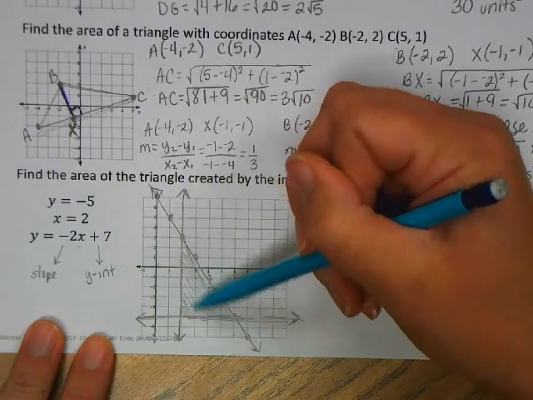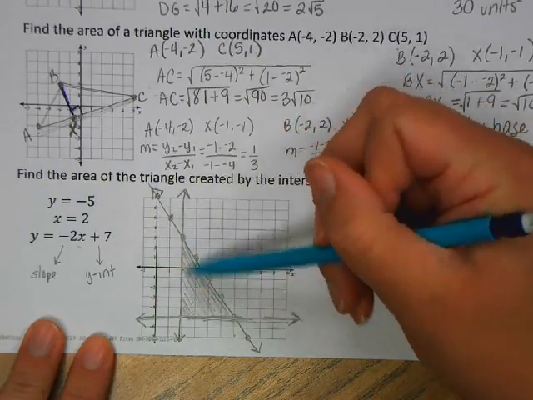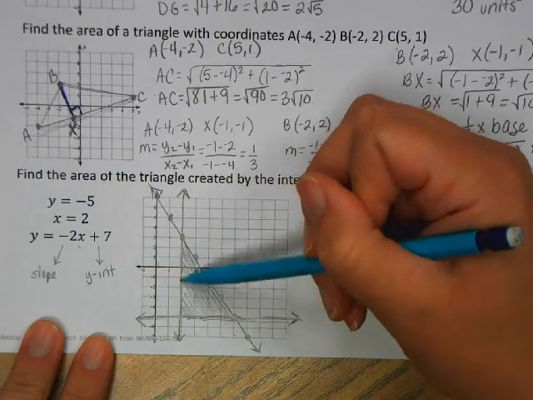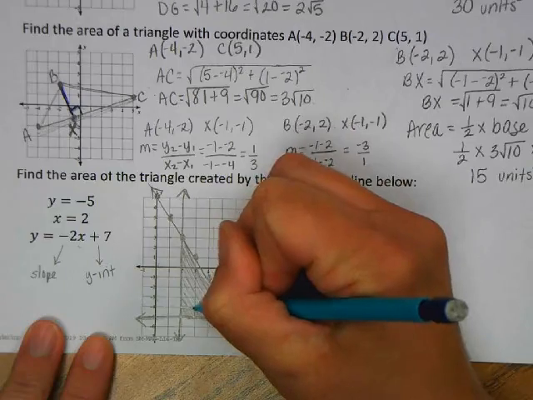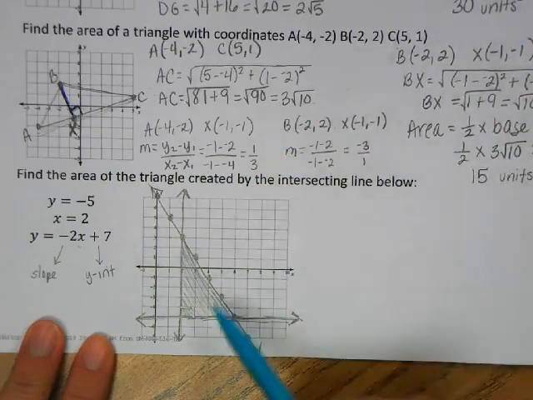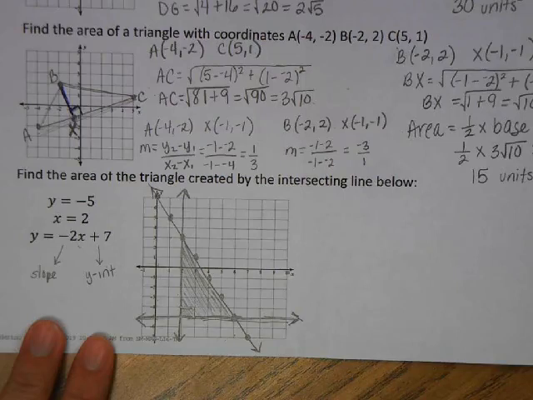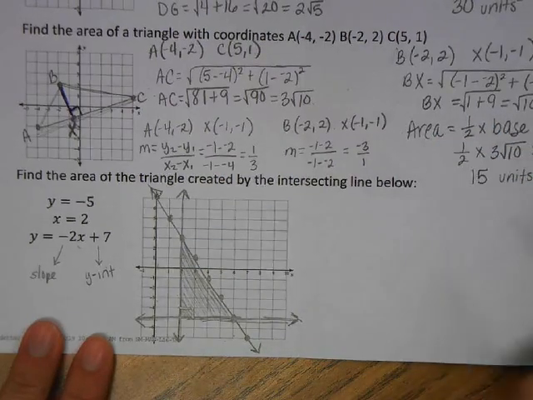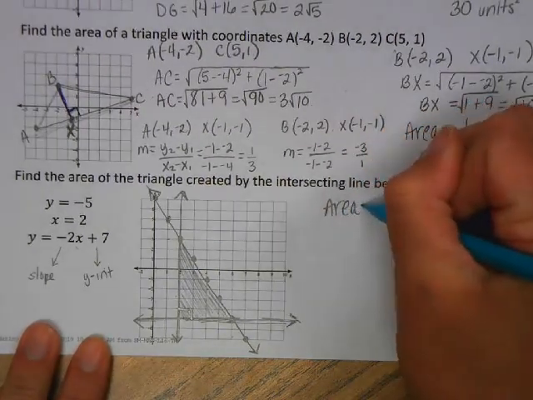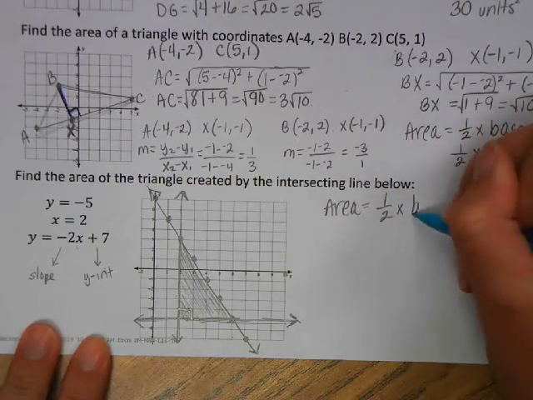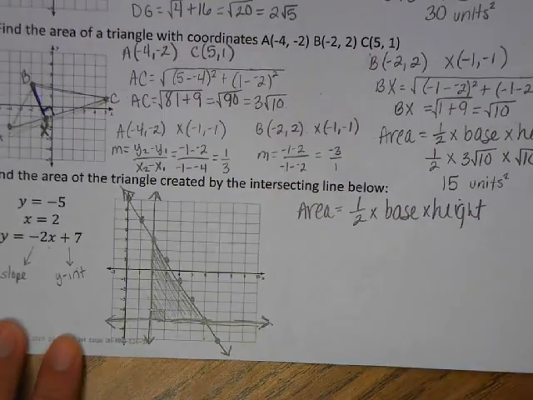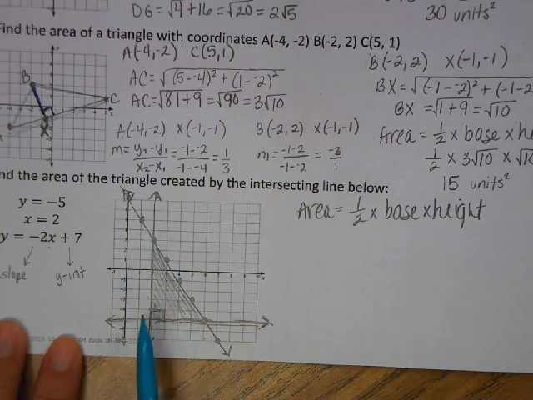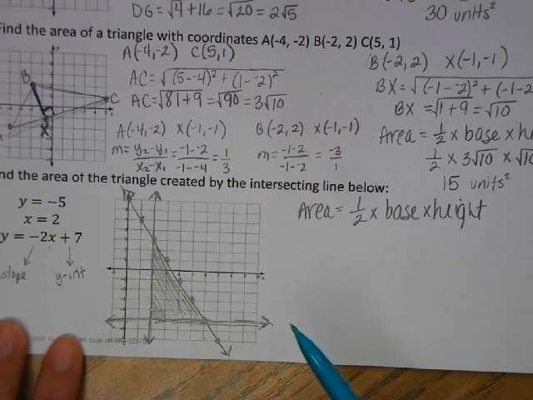And this triangle is actually a right triangle because the vertical line and the horizontal line are perpendicular to each other. So this makes the base and the height a lot easier to calculate than the previous example. So remember, area of a triangle was 1/2 times the base times the height. So your base and height are horizontal and vertical lines, so you're just counting the units.